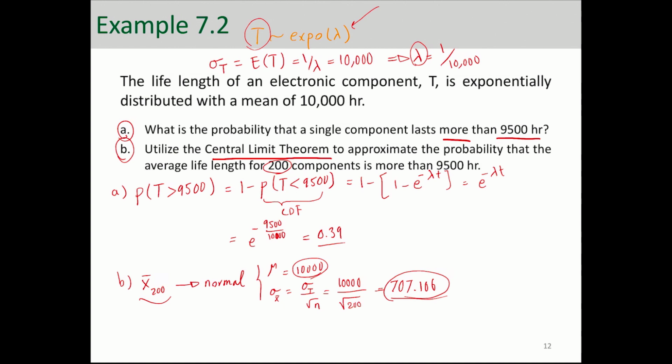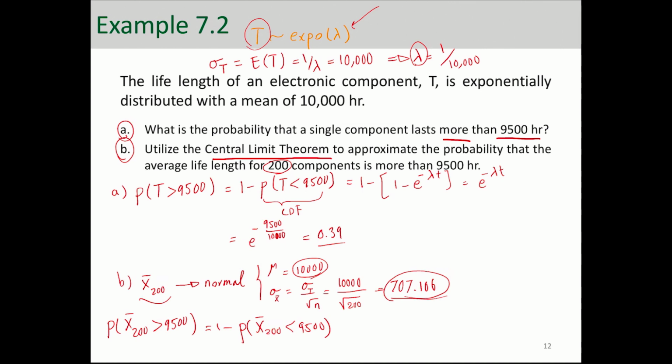So now we know the new mu and the standard deviation of this normal random variable, which is the average of 200 components. Now we want to calculate the probability that x bar 200 is greater than 9,500 hours. That is equal to 1 minus the probability of x bar 200 less than 9,500.